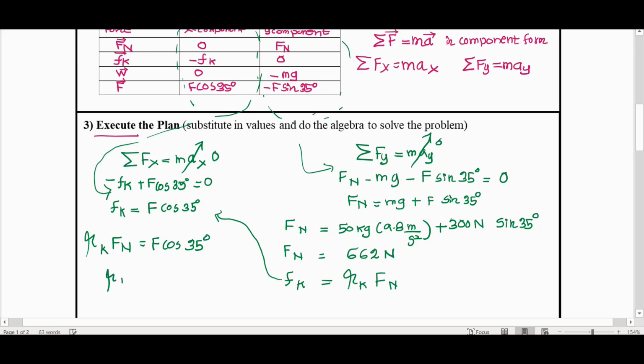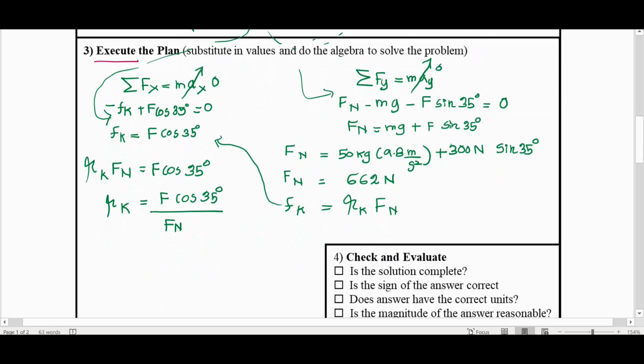And then I'm trying to solve for mu k, so I'm going to separate it on one side of my equation. F cosine 35 divided by the normal force, and then I'm just going to substitute for the force applied, which is equal to 300 newtons times cosine 35 divided by normal force.